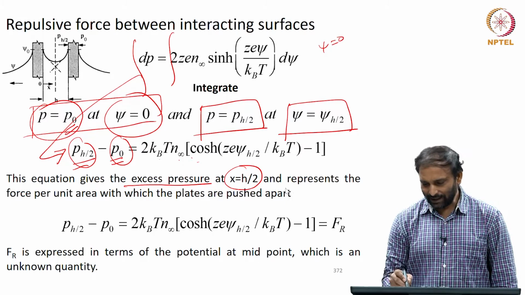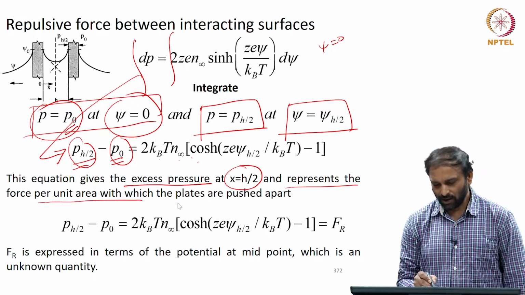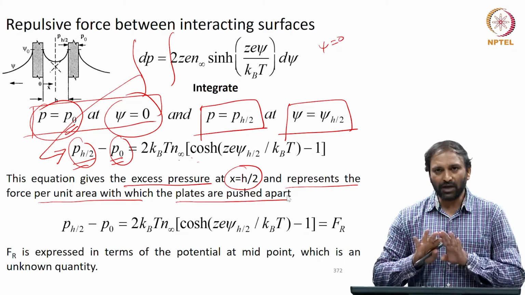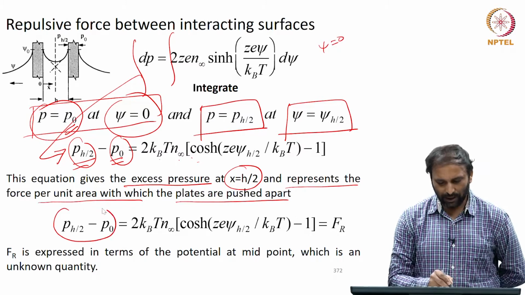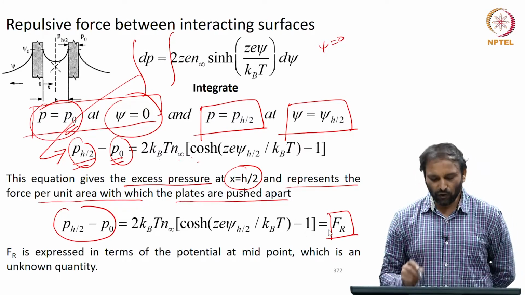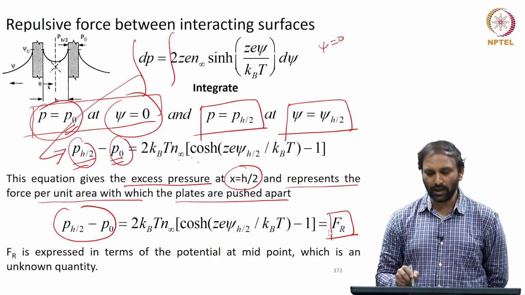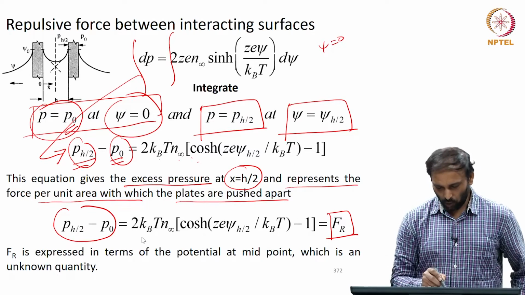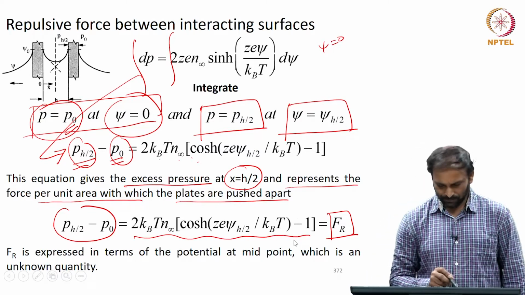It represents the force per unit area with which the plates are pushed apart because of the overlap. Therefore, P h by 2 minus P naught essentially is Fr, the force of repulsion per unit area, and that is what is given by this.